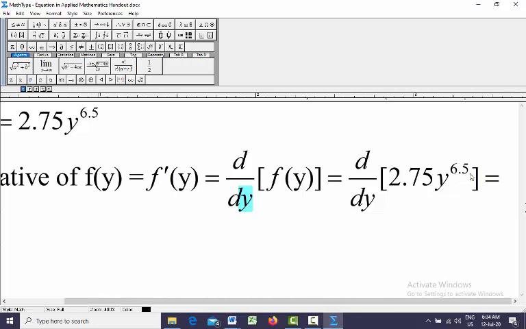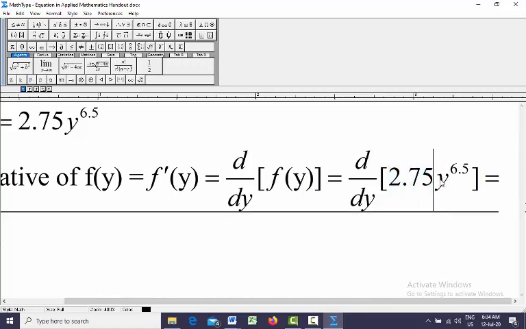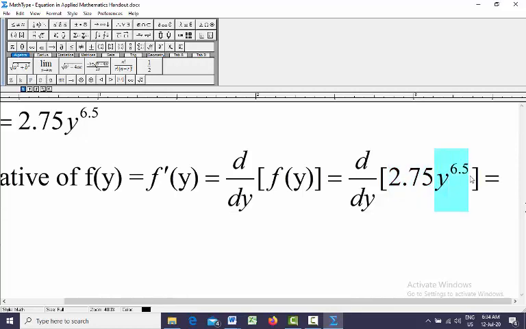Right. So as I said before, you need to separate this one from the variable. This is the variable with power. This is the coefficient of y, because this is in multiplication with y.